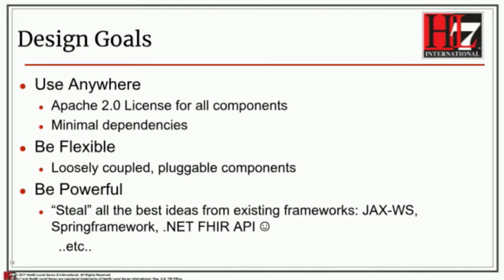So, people taking this software and putting it into products they're going to sell, we 100% encourage that. Certainly, that comes with no obligations to tell us about what you're doing, and you don't really have to give us credit or anything like that. We're very encouraging of commercial products using the HAPI FHIR library, and we know that overall, this strengthens the ecosystem of FHIR out there.